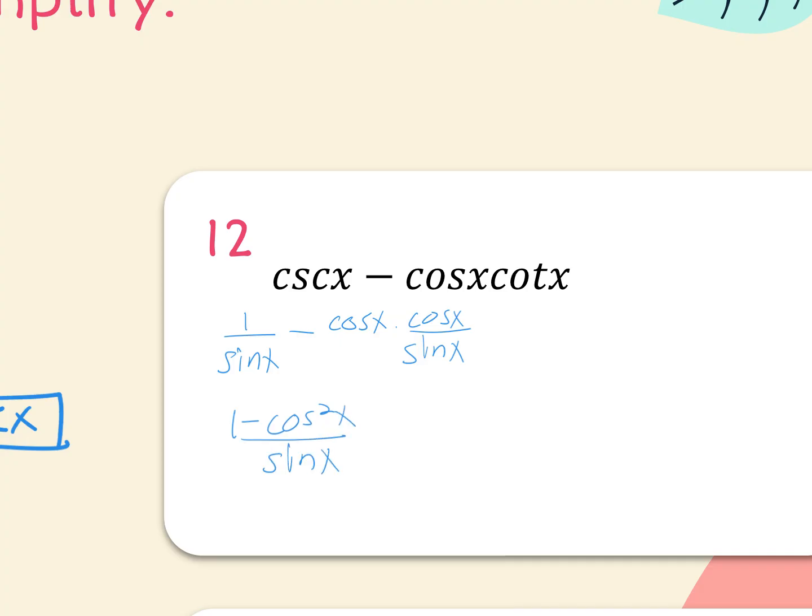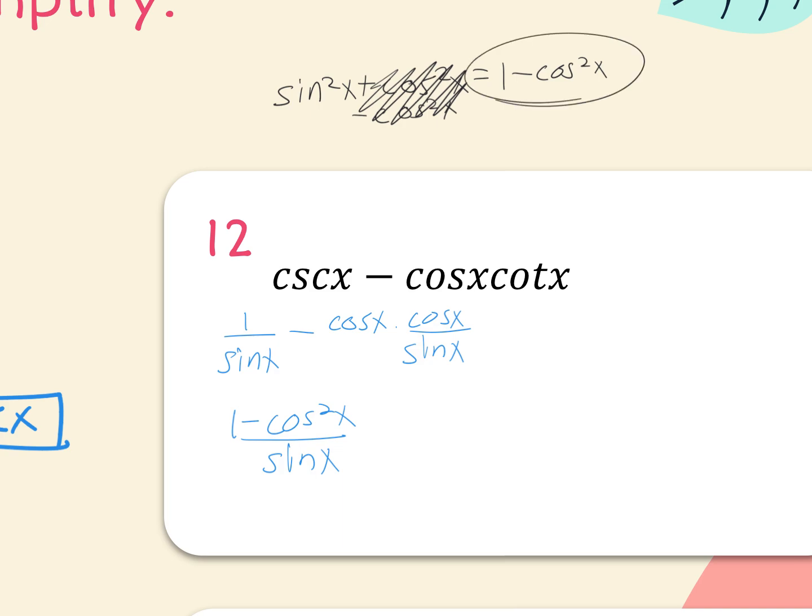And then this looks like it could be an identity. So remember, the identity that we're using is sine squared x plus cosine squared x equals 1. So how can we get a 1 minus cosine squared x from this identity? We're going to subtract the cosine squared x, so minus cosine squared x on both sides, and then we get rid of this right here.